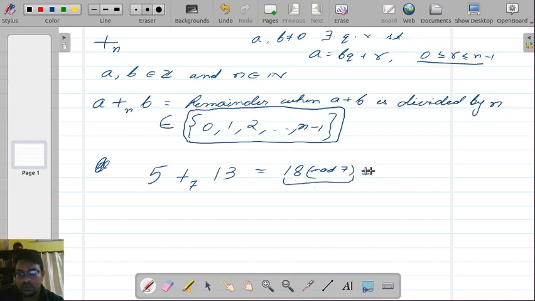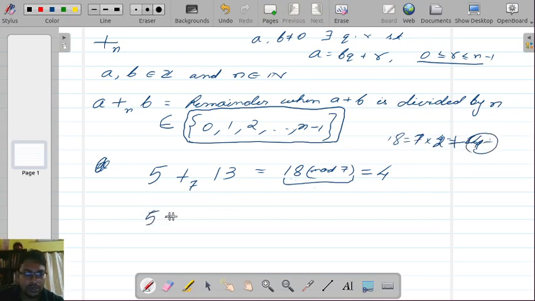So what is that? If you divide 18 by 7, the remainder is 4, because 7 into 2 is 14, and plus 4 gives you 18. 18 can be written as 7 into 2 plus 4.